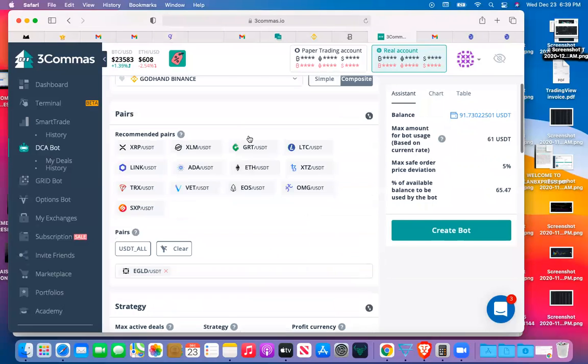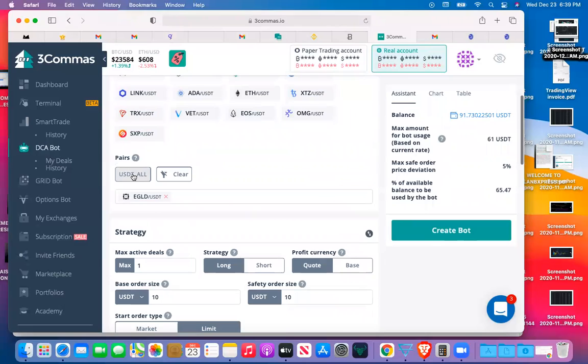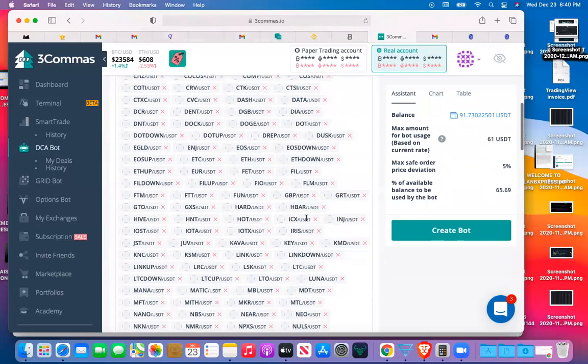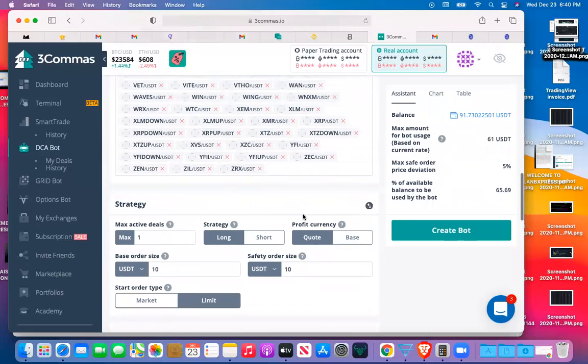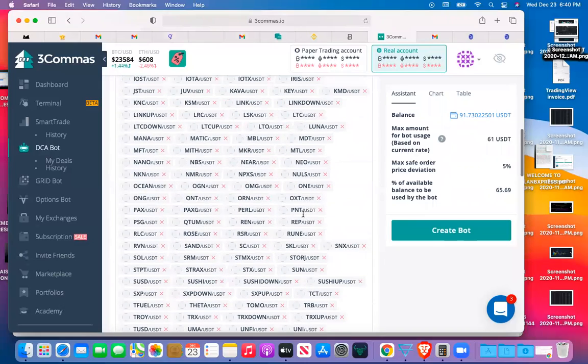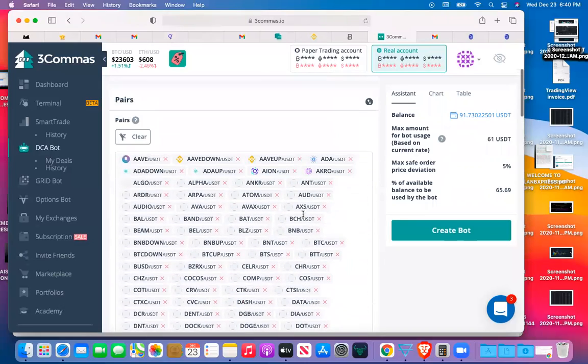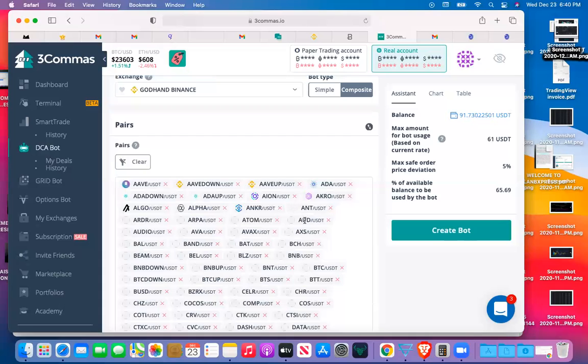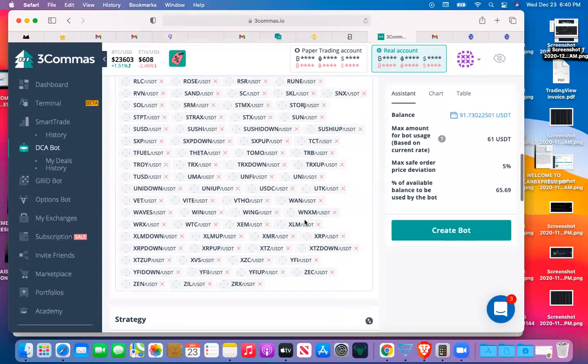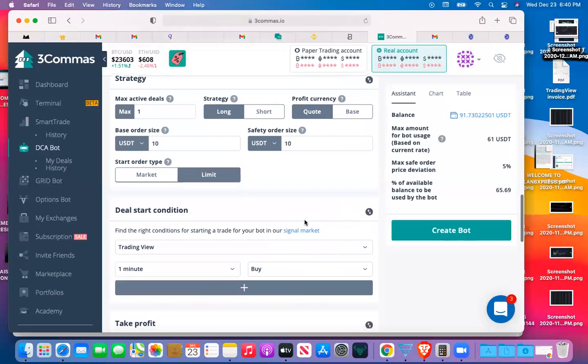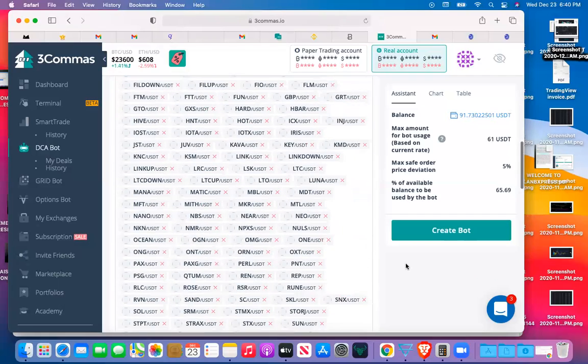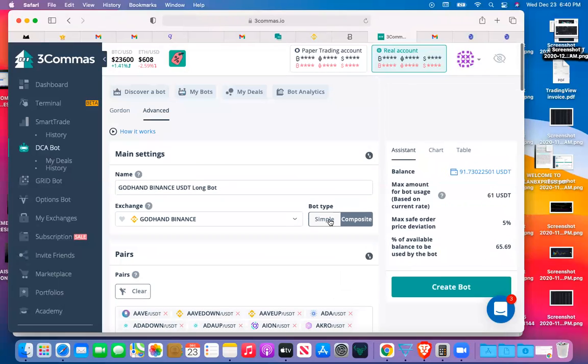That's crazy. All the coin pairs with USDT on Binance, everything. So I want to do that. If I want to do that, I can put that up and put in the amount of money I want to use for that trade and all that.